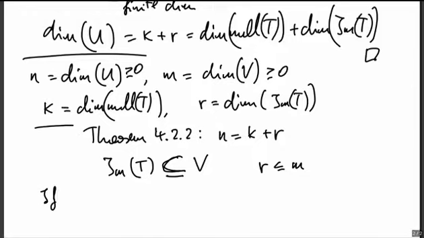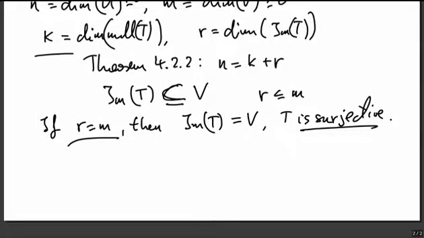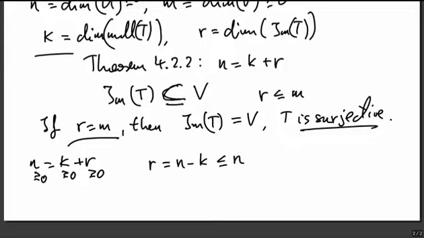So if r equals m, then the image of T covers the whole V. That means T is surjective. Looking at the equation n equals k plus r, all of these should again be non-negative. So that means that r is less than or equal to n. Or more precisely, r equals n minus k, and this is less than or equal to n.